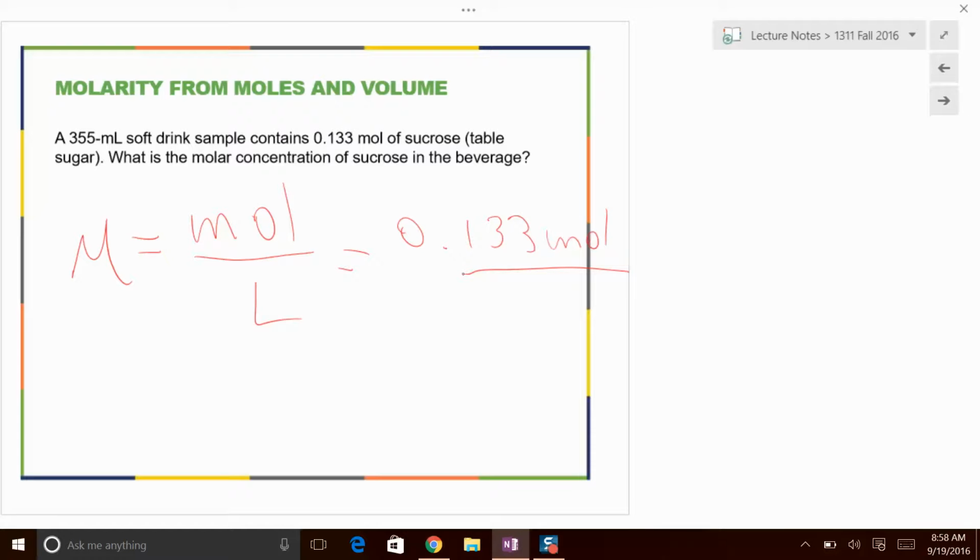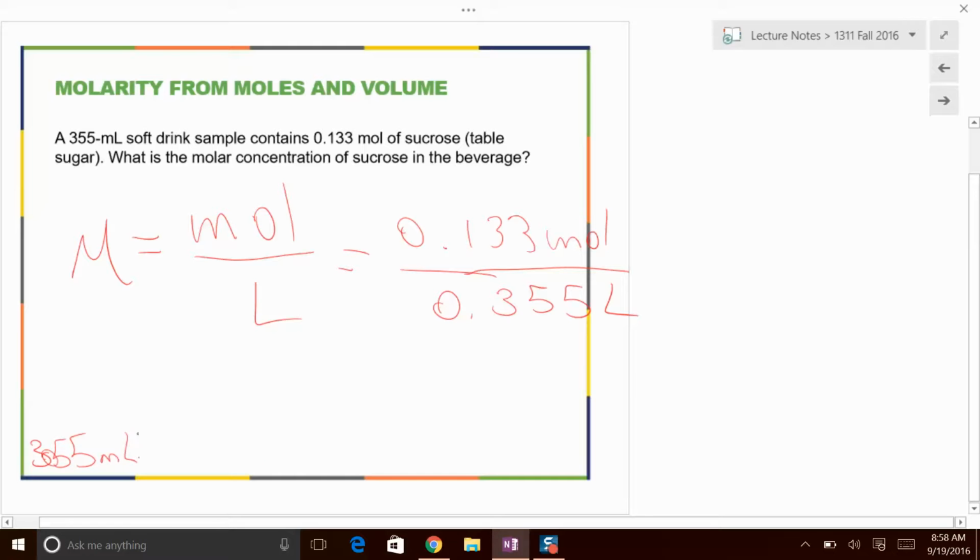Okay? So what are the liters here? If you can't look at that and determine that's 0.355 liters, then set up the conversion. 355 milliliters in a liter from the milliliters.